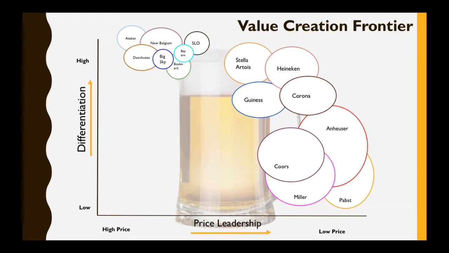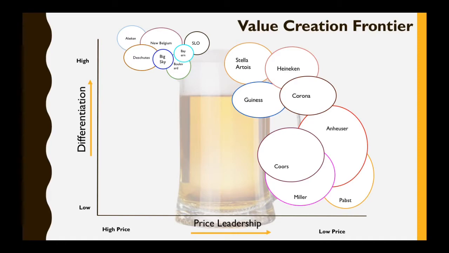There's no distinct flavors, kind of all generic beer. Moving up to our next strategic group, we have imports. These are a little pricier. These offer a little more distinct flavor. It appeals to slightly smaller target groups. These are generally considered better tasting than the group below them.